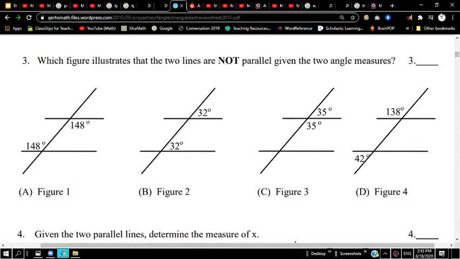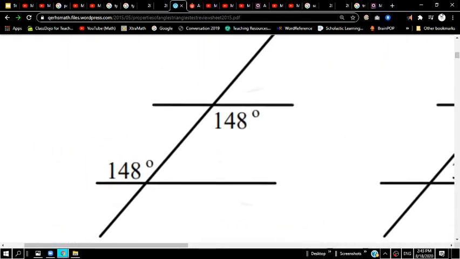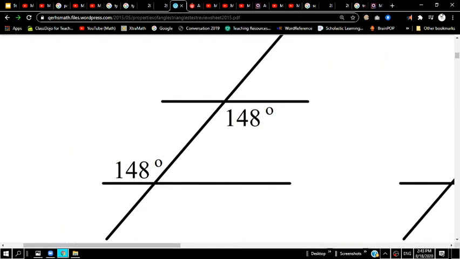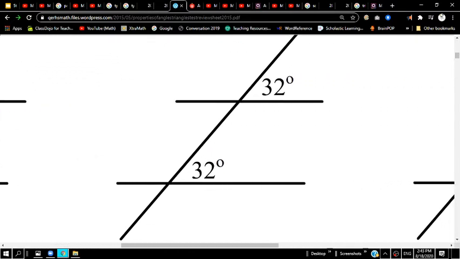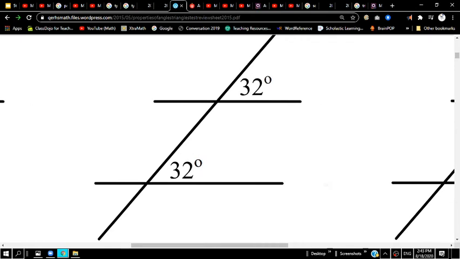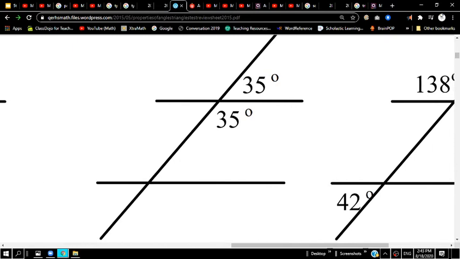Let's take a look at these examples. This might be a little bit more difficult. The question says, which figure illustrates that the two angles are not parallel given the two angle measurements? Well, here we have opposite angles. One of them is interior, one of them is exterior, and they both measure the same. Here again, we have two angles. Both of them are interior angles, and they both measure the same. Here we have an interior and an exterior angle.